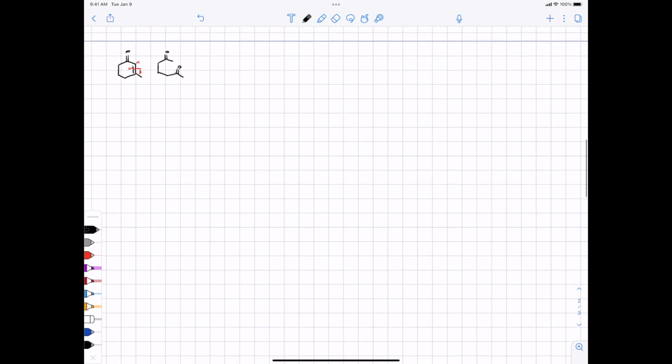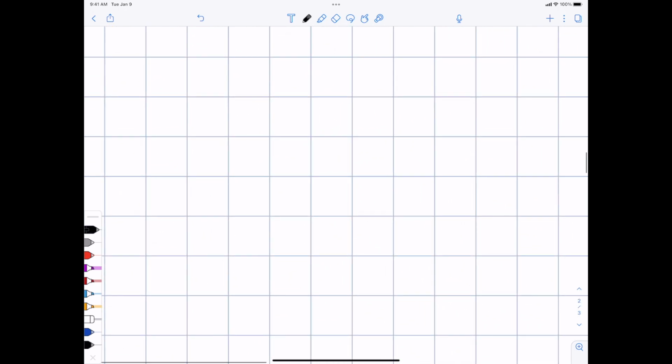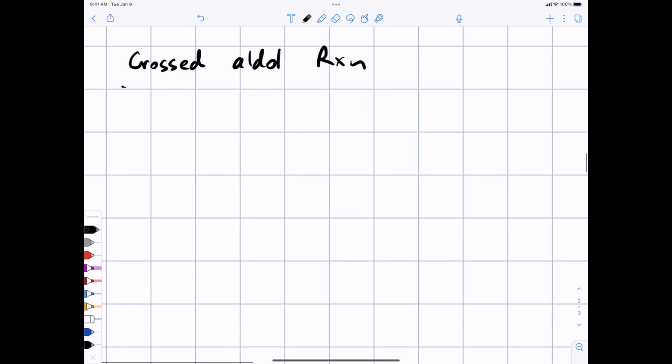We should now talk about what if you wanted to do not a self-aldol reaction, but a crossed aldol reaction. All right, so let's use aldehydes this time.